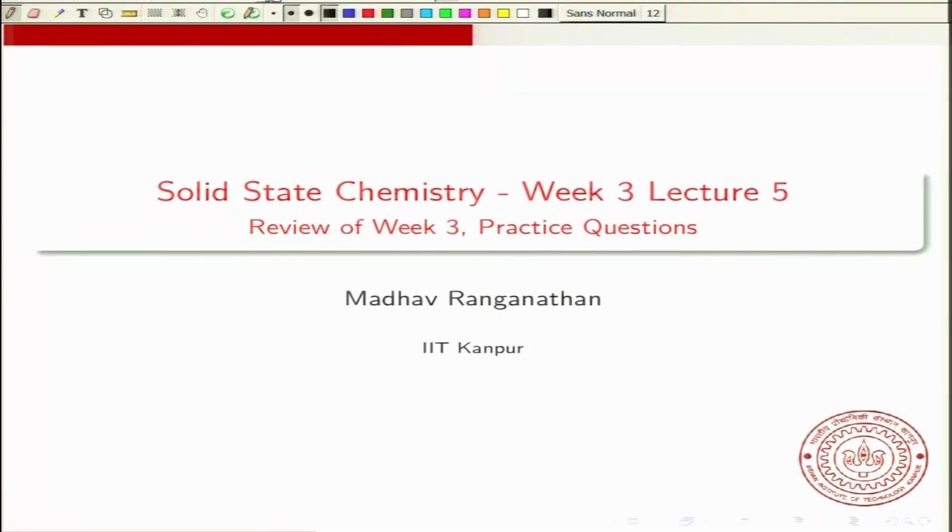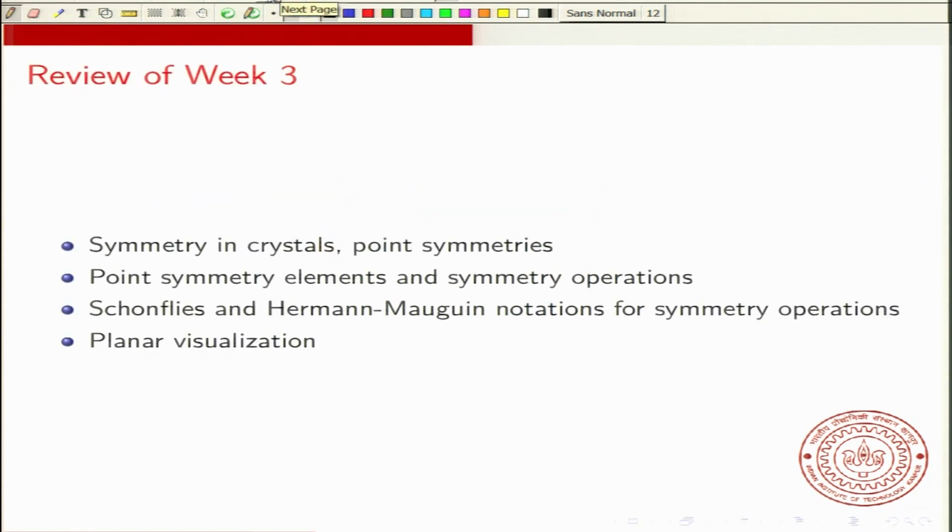Now, in week 3, we learnt about symmetries in crystals, and in particular we learnt about point symmetries. I will mention here that the translational symmetries will be discussed in week 4. Then we discussed the different point symmetry elements and the symmetry operations.